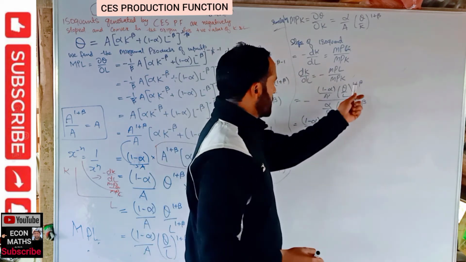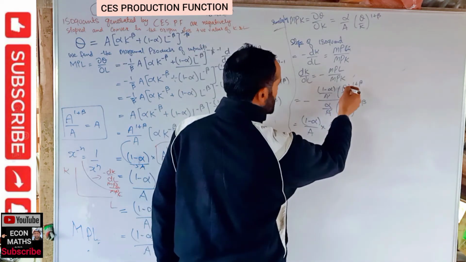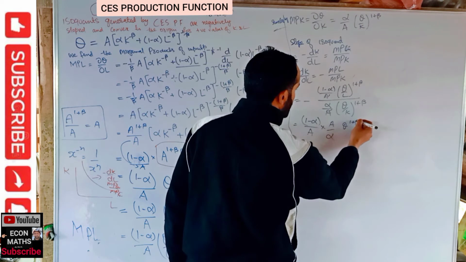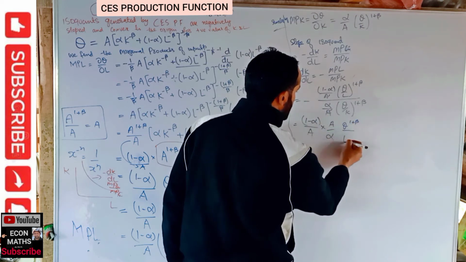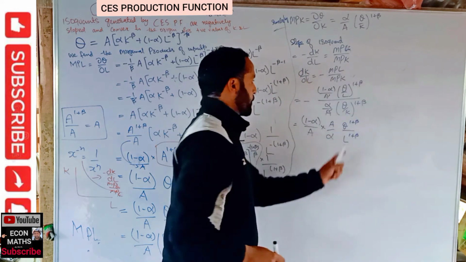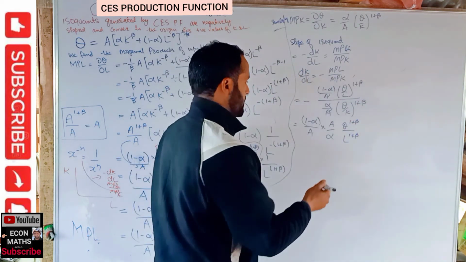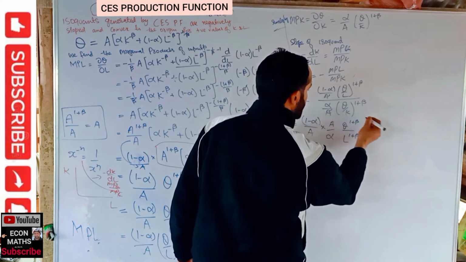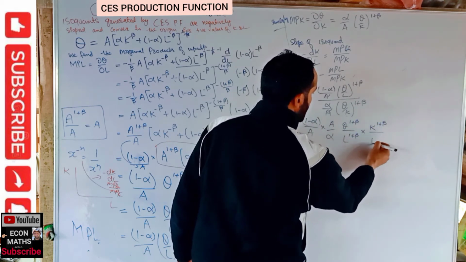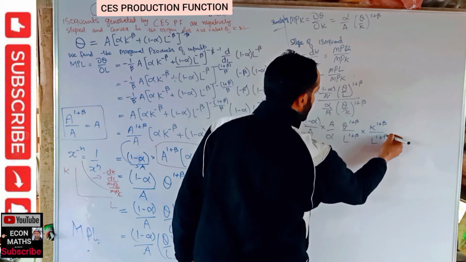Similarly, we will write here Q to the power 1 plus beta divided by L to the power 1 plus beta, and reciprocating the denominator, this will become K to the power 1 plus beta divided by L to the power 1 plus beta.